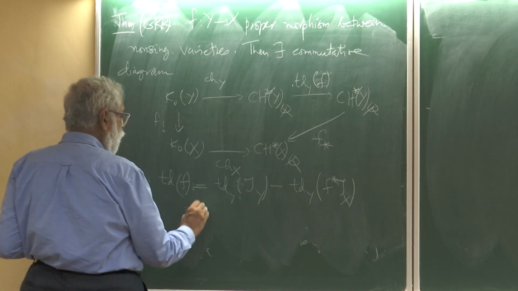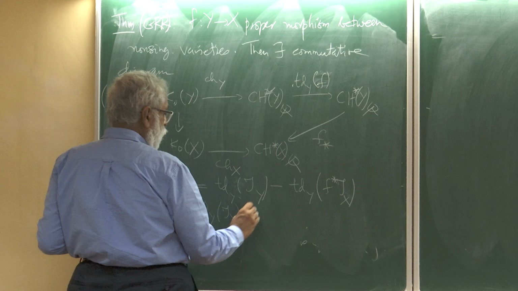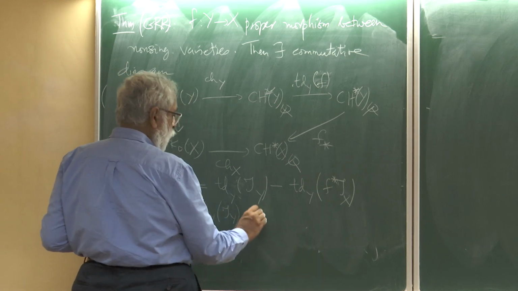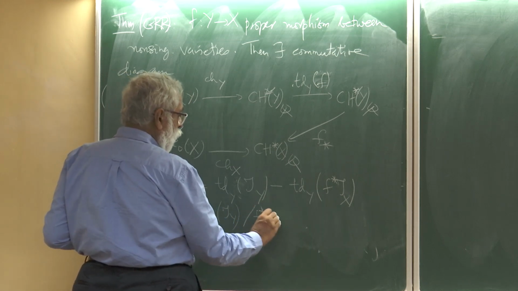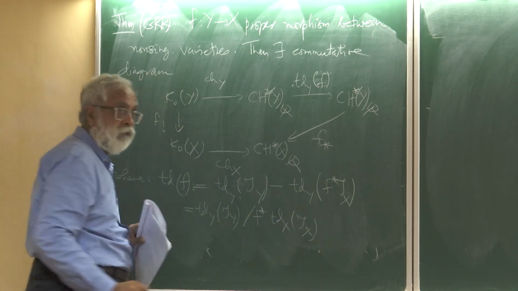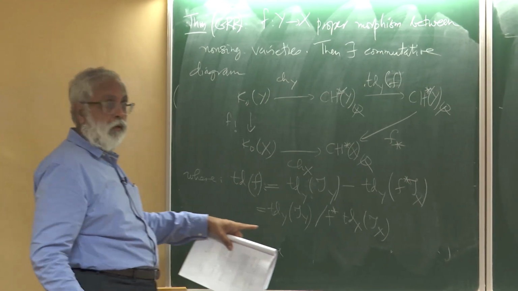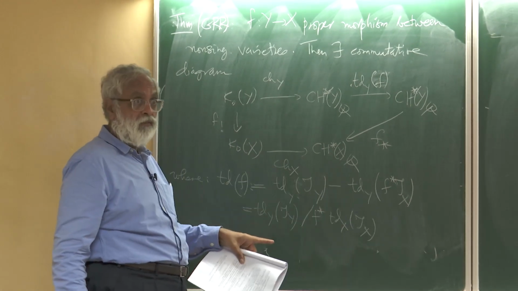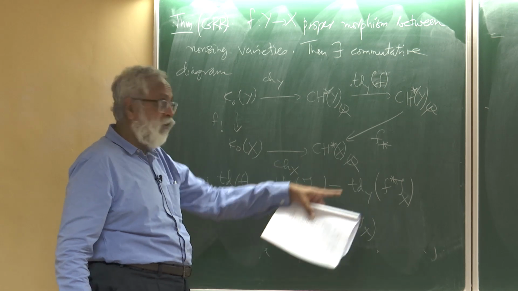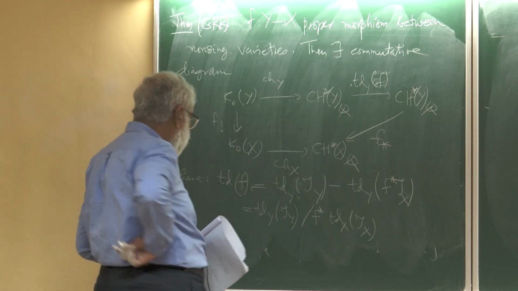That's of course also the same as tau y of the tangent sheaf of y divided by f upper star of tau x of the tangent sheaf of x. Tau is multiplicative, and so when I put minus, I'm dividing by something, and tau is functorial, so it's this.